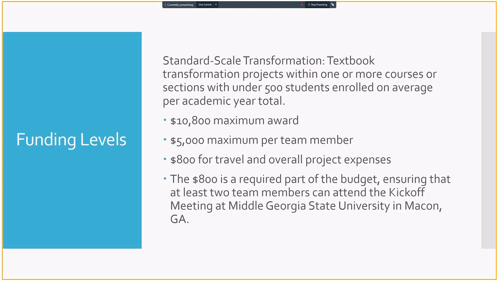That's all within your institution. The $800 is for overall project expenses. Most people are not going to need that much if they are going out to Macon, especially if you're at Middle Georgia State. So it's whatever you need past the point of travel.